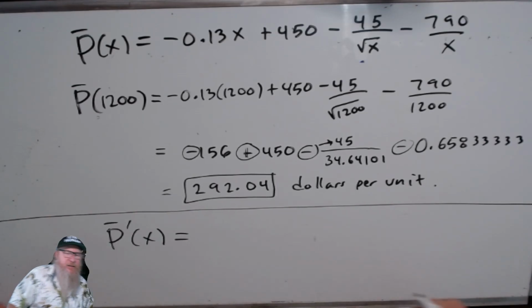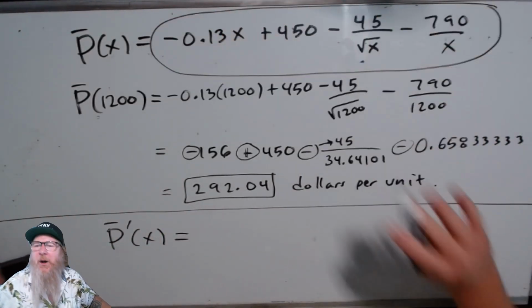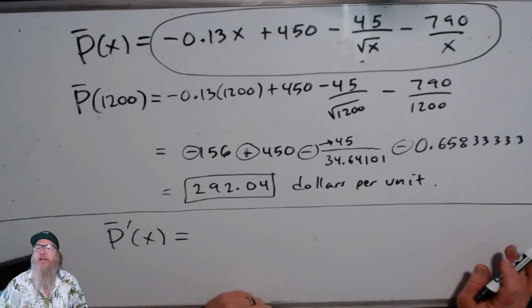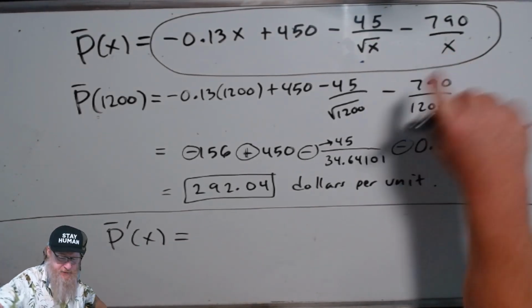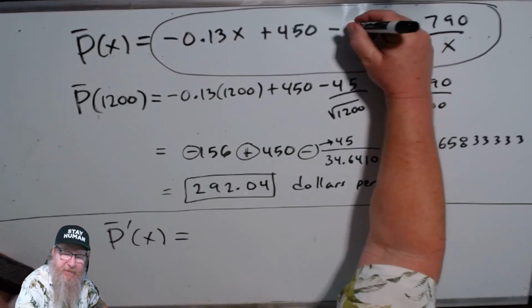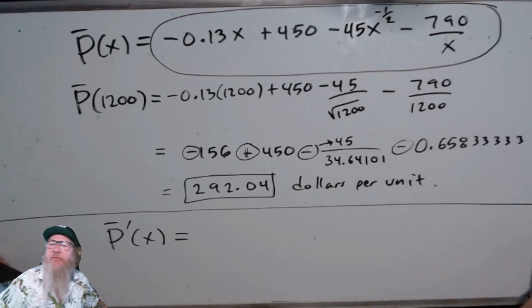Let's analyze the margins. So now that I have this written this way, one advantage to writing it this way is the derivative is going to be very easy. Maybe I will do this to make it even easier. 45x to the negative 1/2.